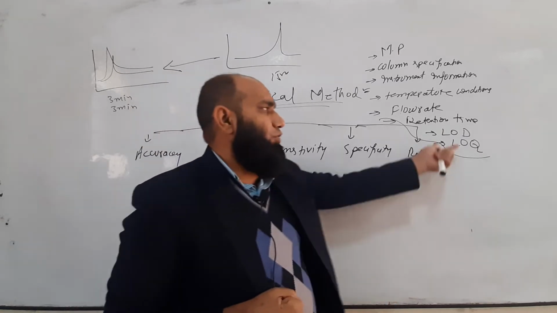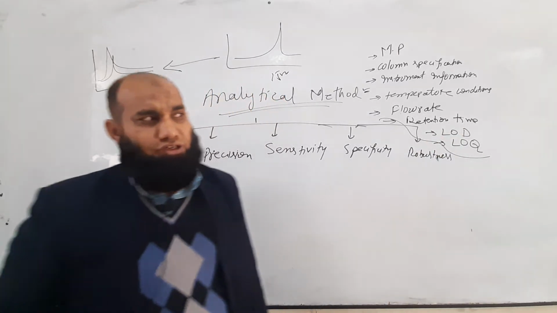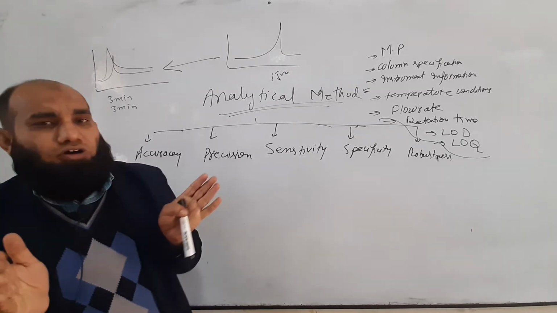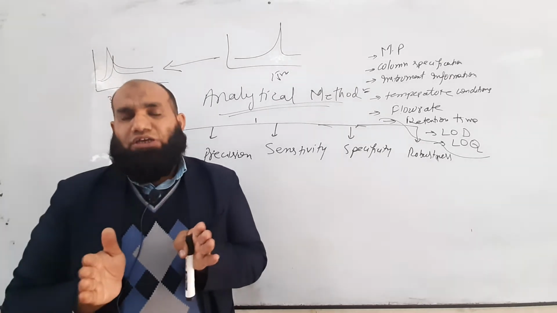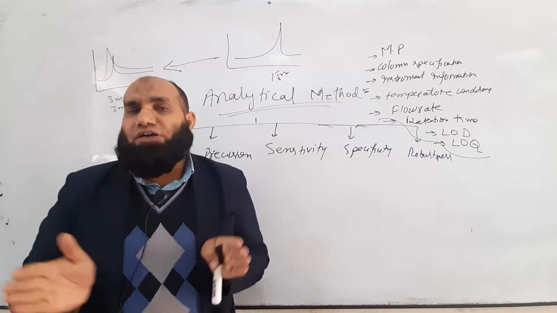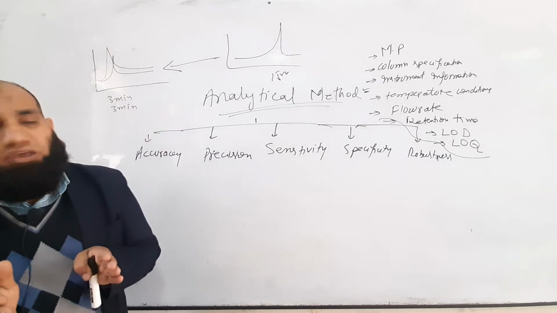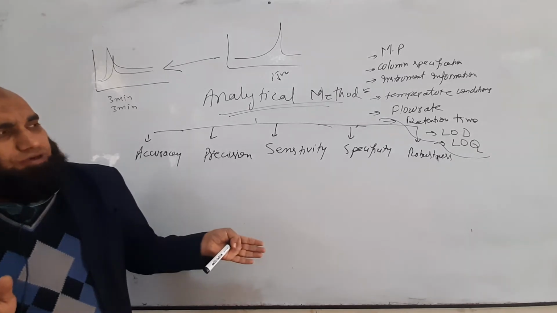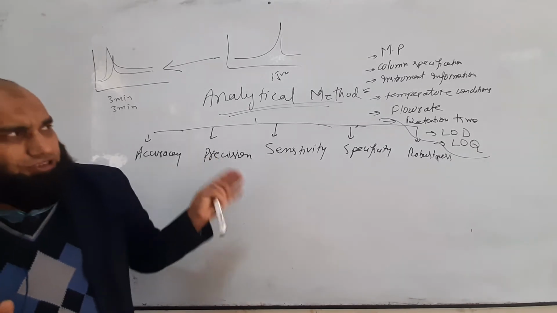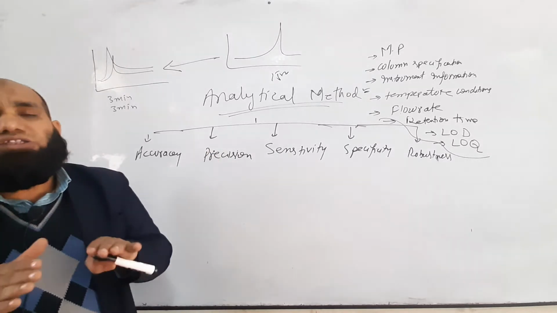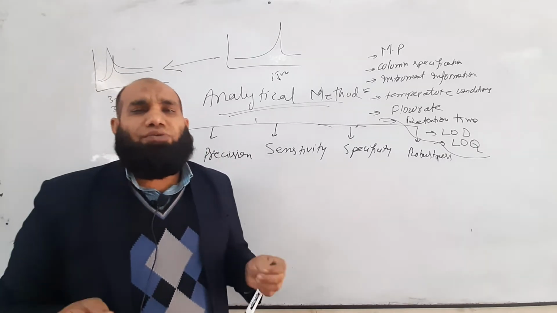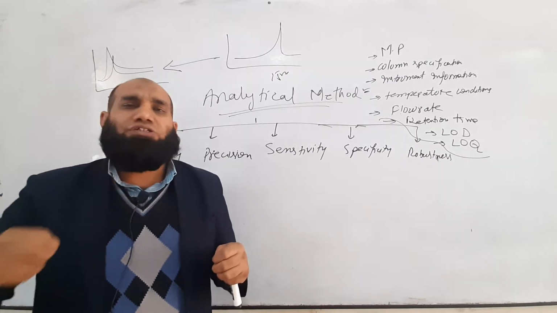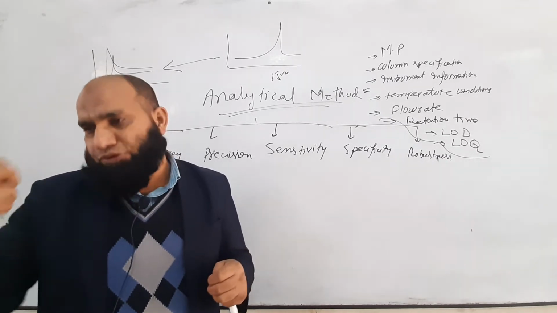Okay, in case of LOD, it's limit of detection, and we have to calculate how accurate our method is. Either we have a minimum amount of LOD and LOQ, limit of detection, limit of quantification, retention time, flow rate. These are all the parameters we have to keep in mind when we want to develop or make some changes in an already reported method.